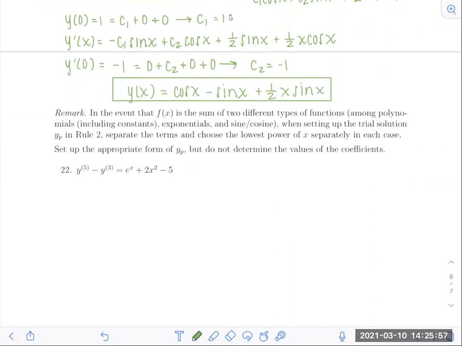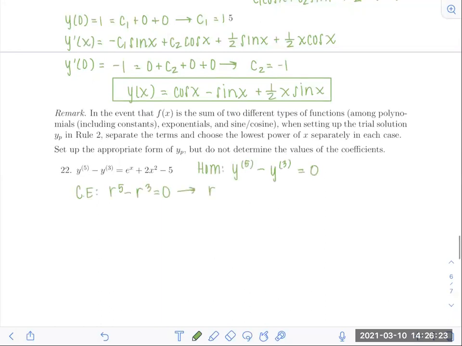All right, so let's consider the associated homogeneous DE so that we can find the complementary function. The associated homogeneous DE would be the fifth derivative of y minus the third derivative of y equals 0. So in that case, my characteristic equation would be r to the fifth minus r cubed equals 0.